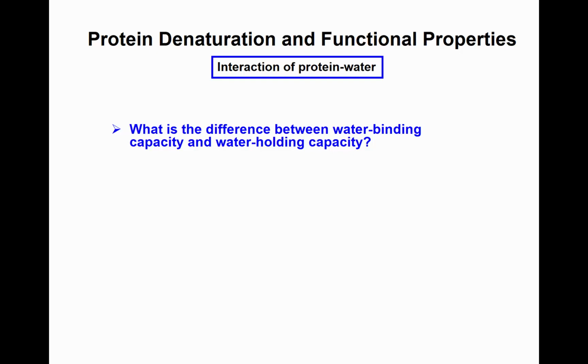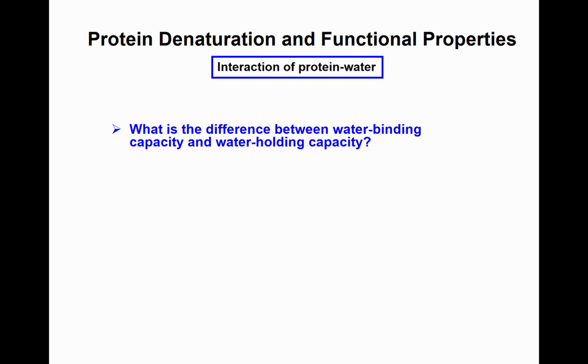Yeah, very good. So if a protein forms a gel, for example, it's holding water in its matrix. There are no chemical interactions. There is some water in proximity of the protein that is interacting with it, but there is just water physically entrapped in a network of protein.